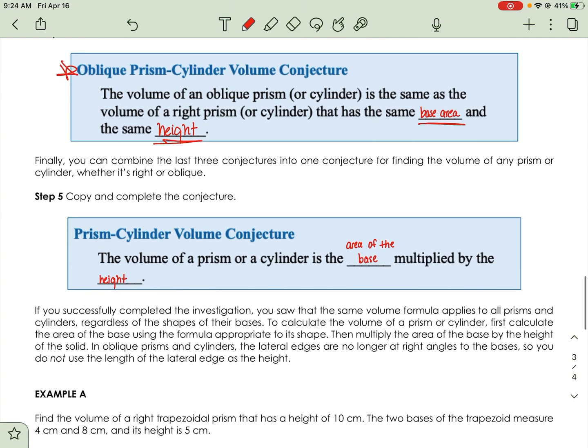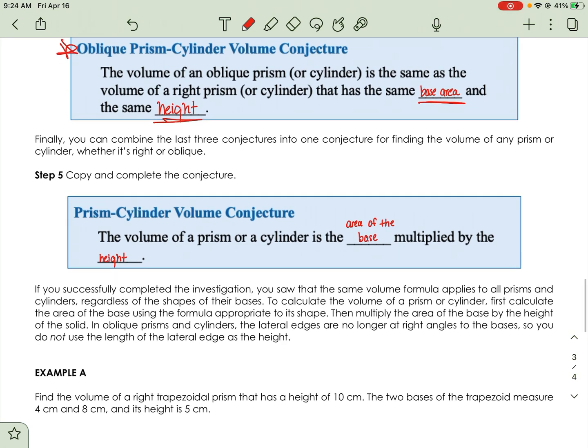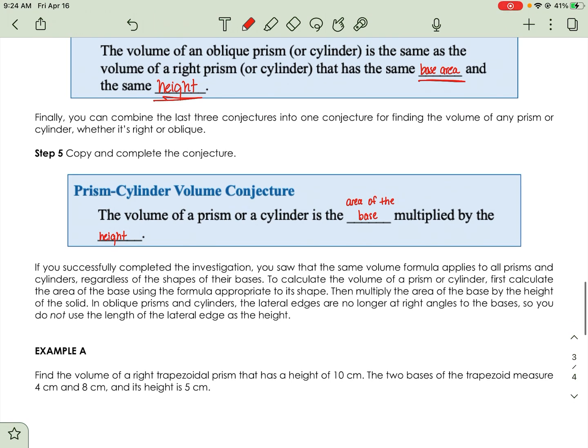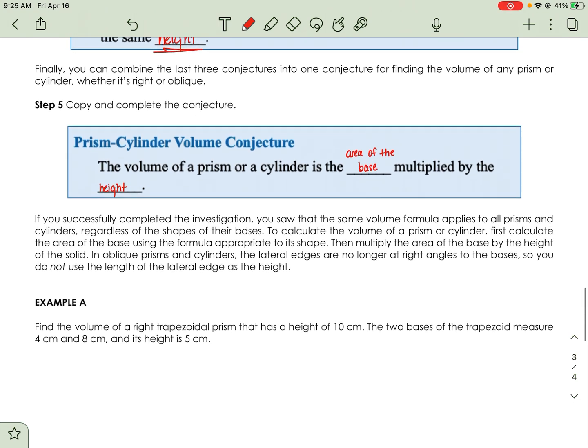Finally, what we can say is the prism cylinder volume conjecture: the volume of a prism or cylinder, regardless of if it's oblique or right, is the area of the base multiplied by the height.